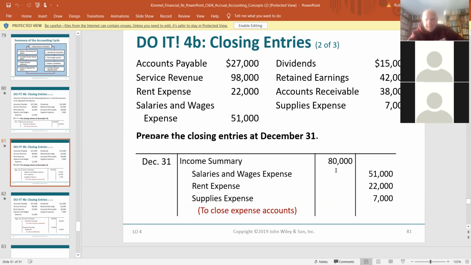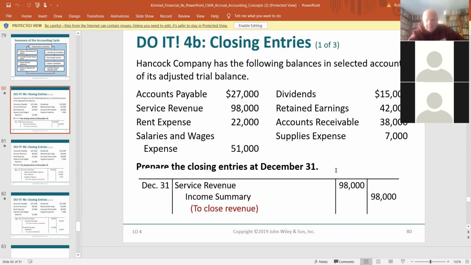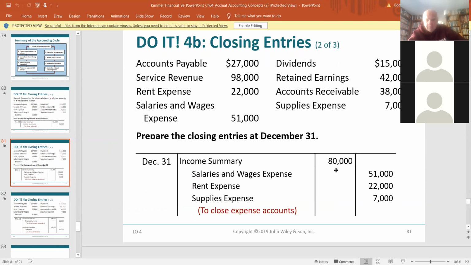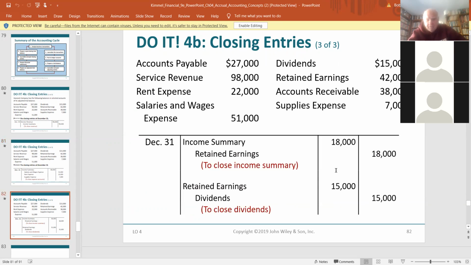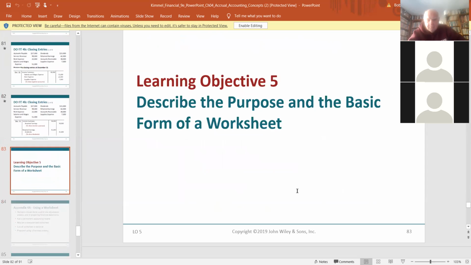So we have net income of $18,000. We have 98 in revenue, 80 in expenses. We're now going to take that balance of 18,000 and move it into retained earnings. So the income summary is 0, and we get rid of the dividends into retained earnings, okay?